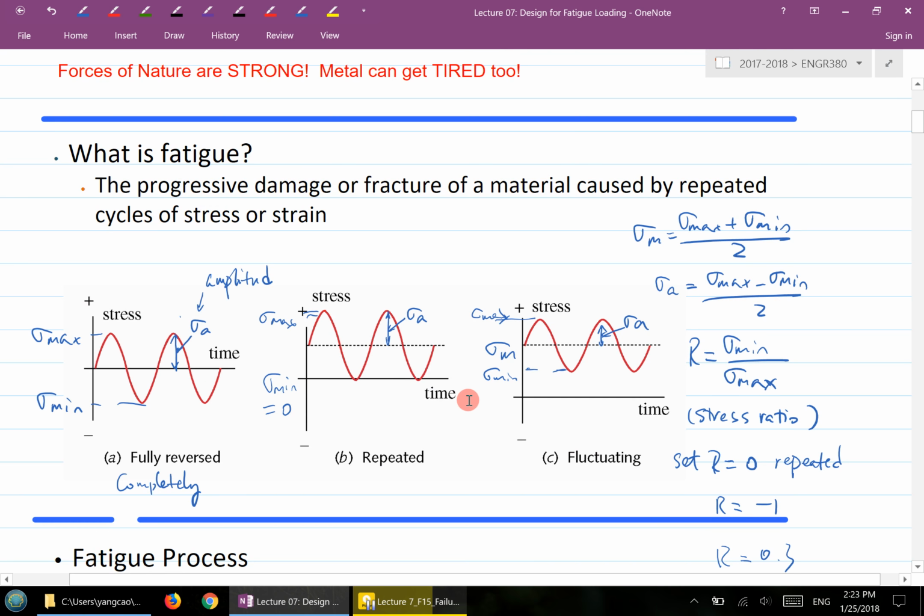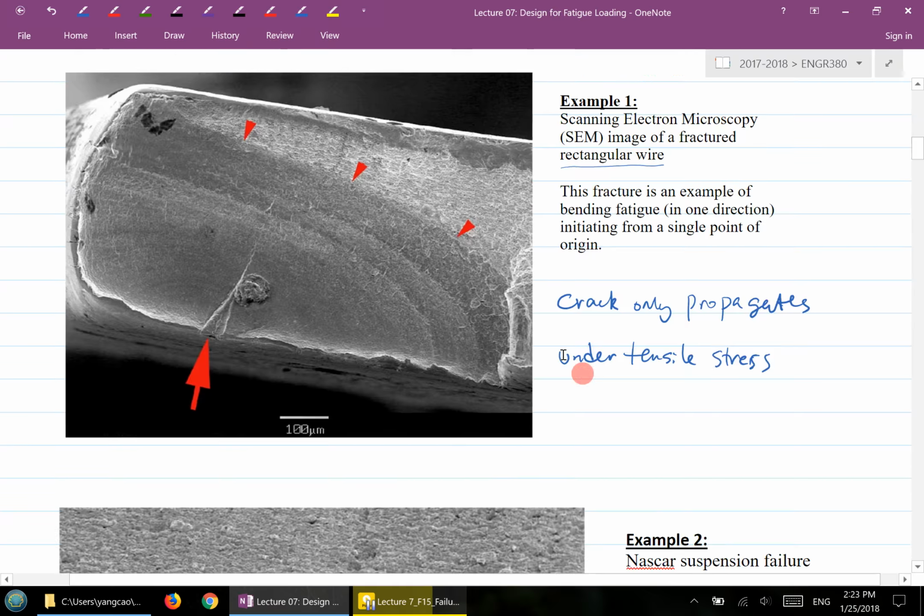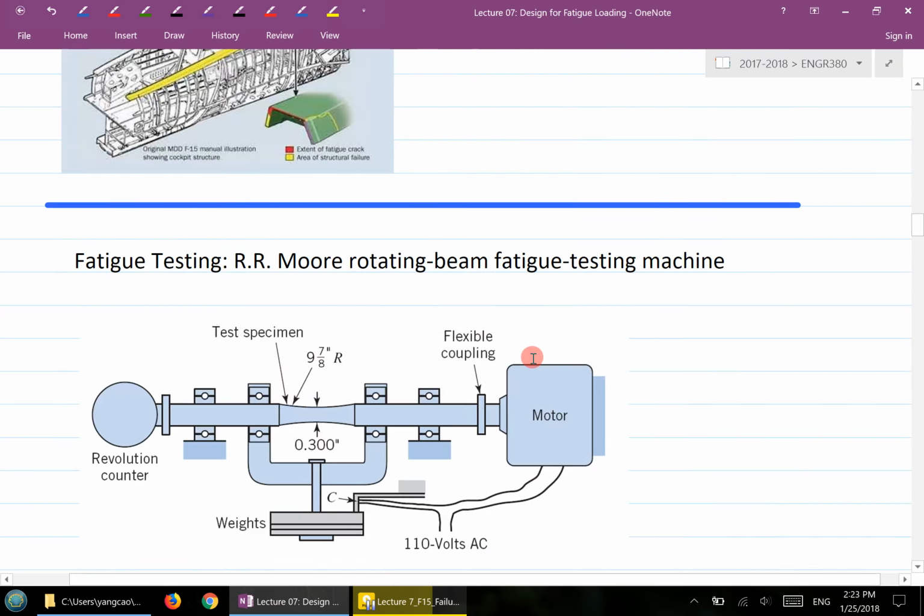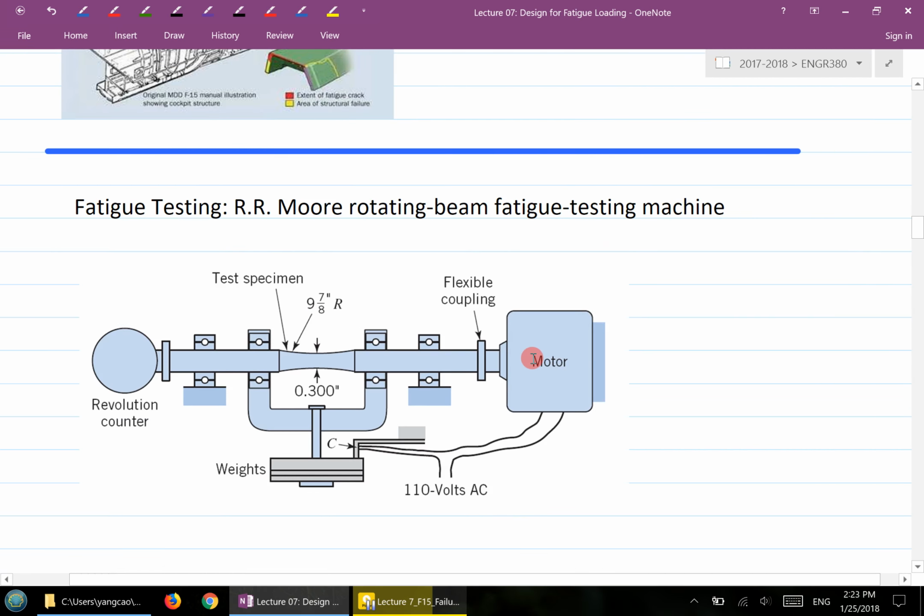Or even better, will the part never fail because of this fatigue loading? That's the answer we want to find out from this part of the lecture. Before we go ahead, let me ask you a simple question right here.